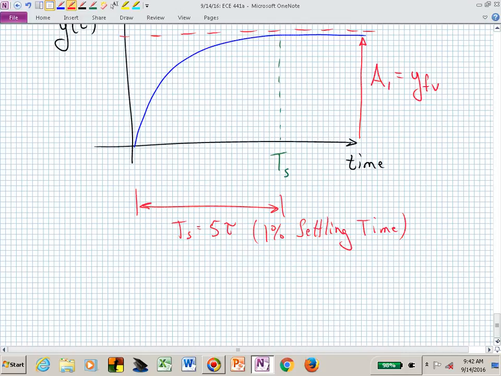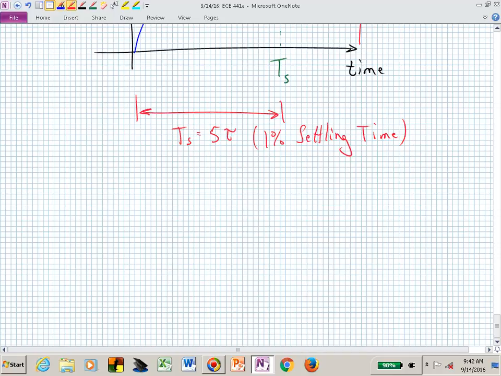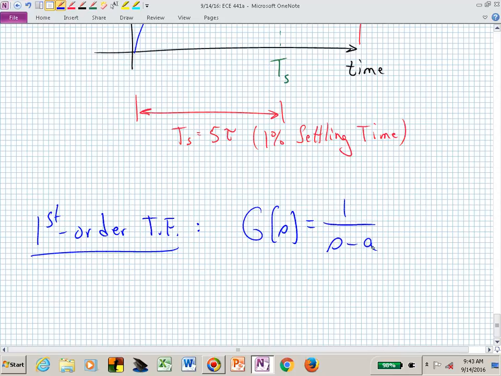What's a first order transfer function look like? Did I hear that? 1 over s minus a.